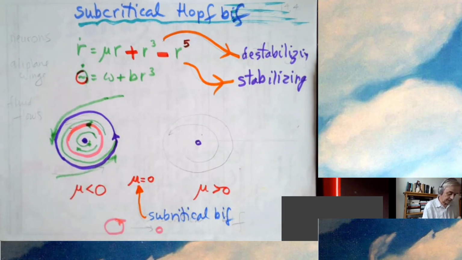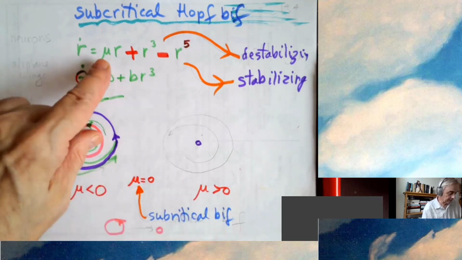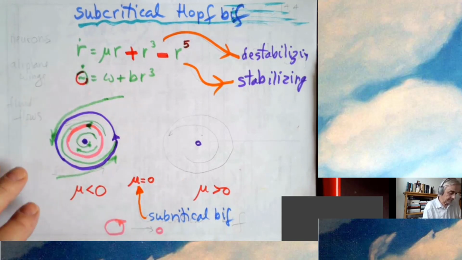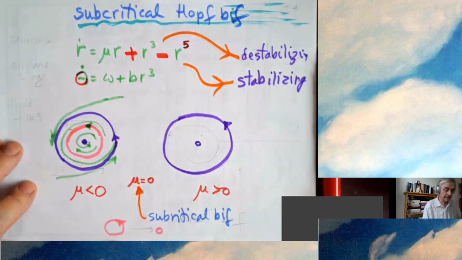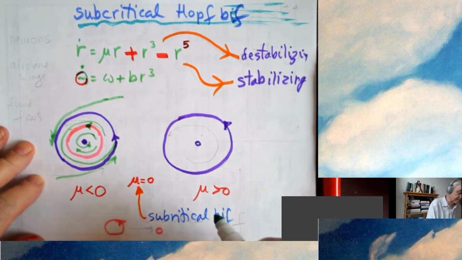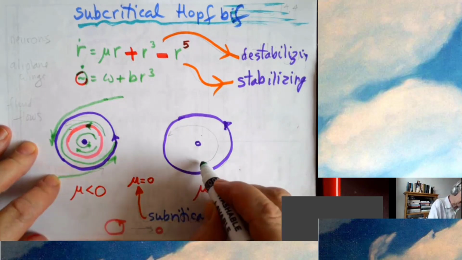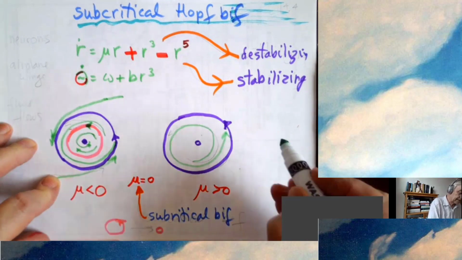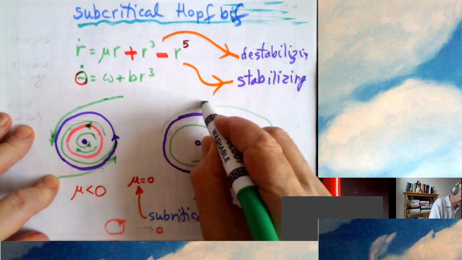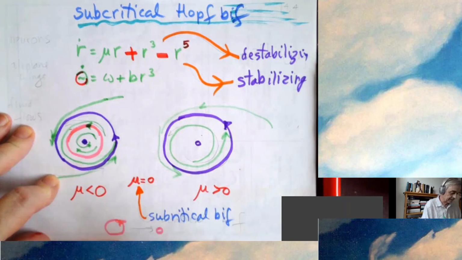And what happens from then on, if you're in a repelling region where mu is positive, no matter where you are, you will always end up on this limit cycle. If you're inside of it, in a plane, you can say that. In higher dimensions, you can't. But you will fall into it. If you're in a big world, you will also fall into it.